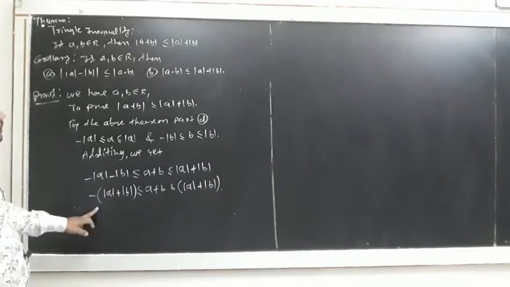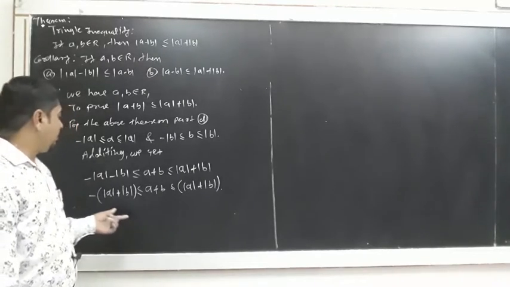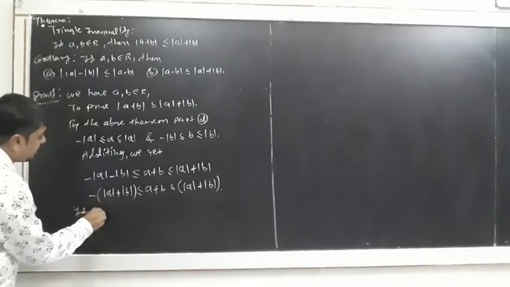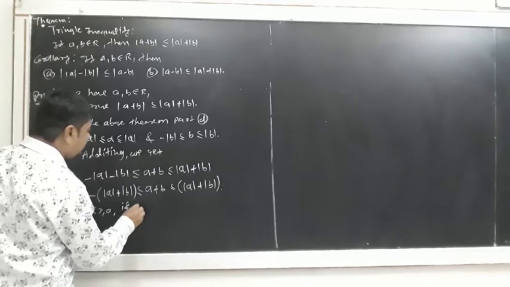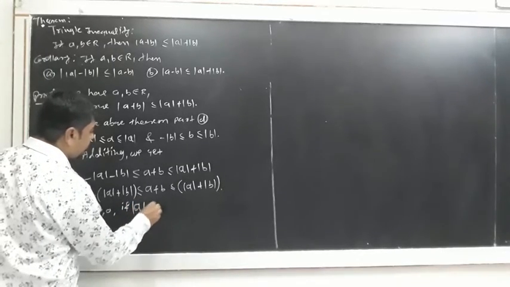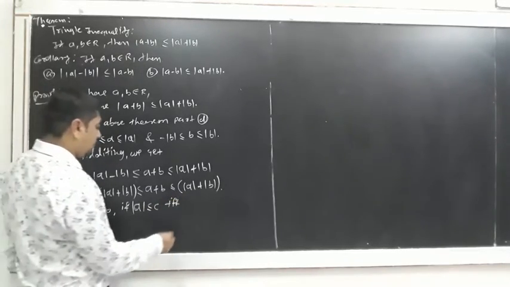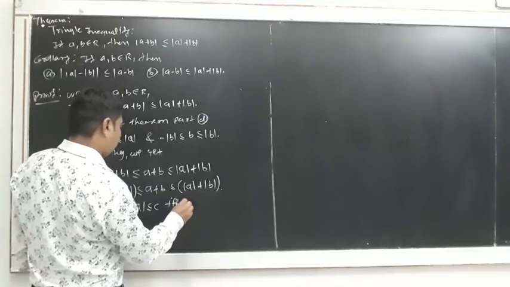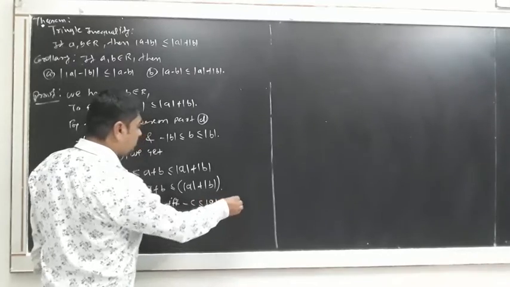Again using the above theorem, we proved one property: if c is greater than or equal to 0, then |a| is less than or equal to c if and only if minus c is less than or equal to a is less than or equal to c.